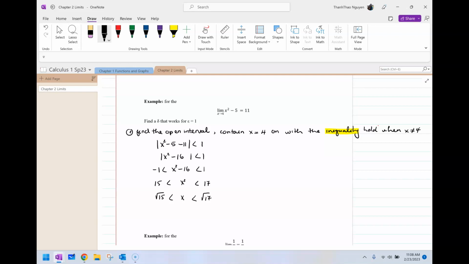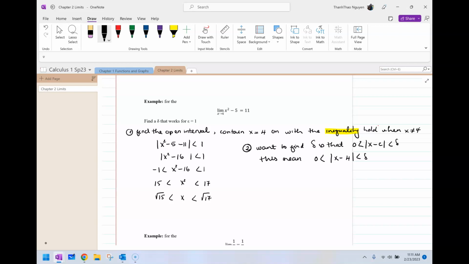In the second step, we want to find the value of delta so that 0 is less than the absolute value of x minus c less than delta. Okay, so c here is 4. We want to find the value of delta so that this means 0 is less than the absolute value of x minus 4 less than delta.